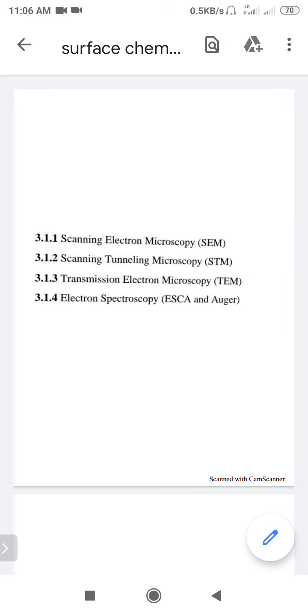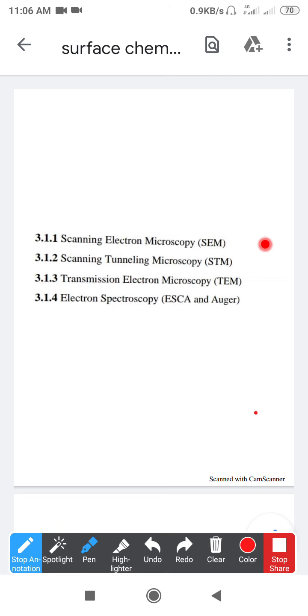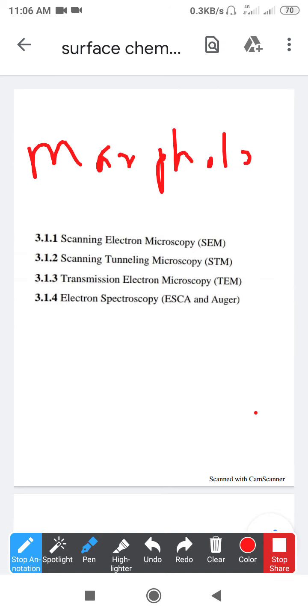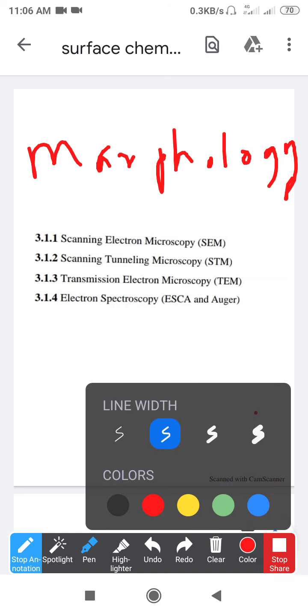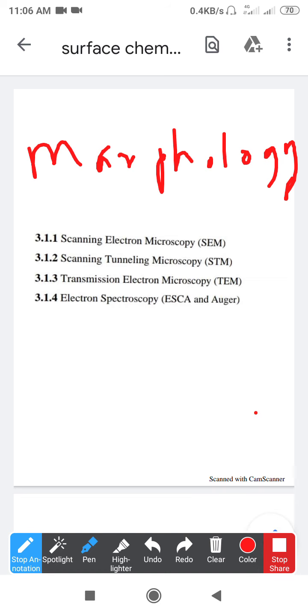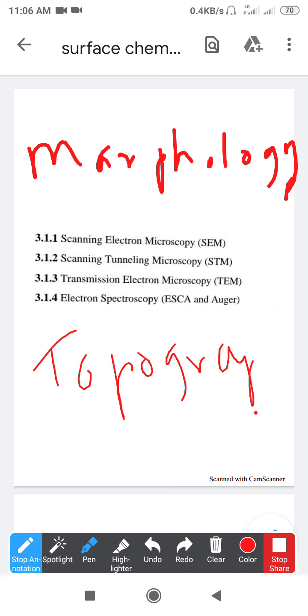Characterization involves two types of things. One is morphological aspects of the given substance, and some techniques might be useful for topographical information of the substance.